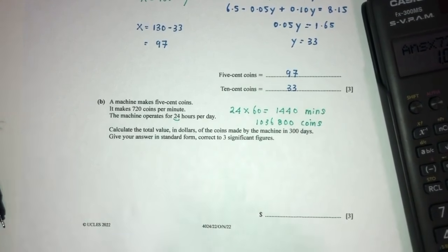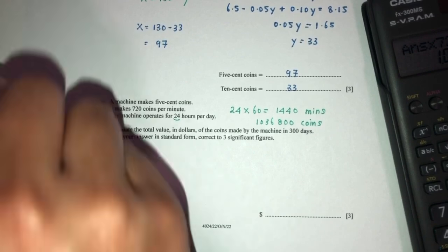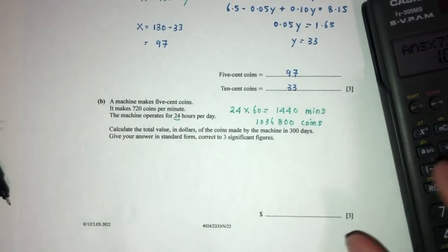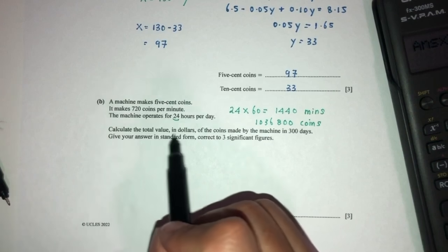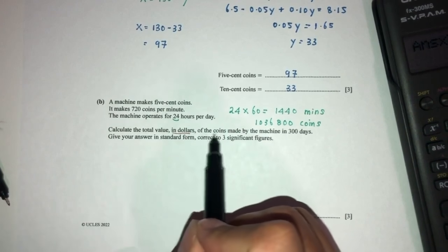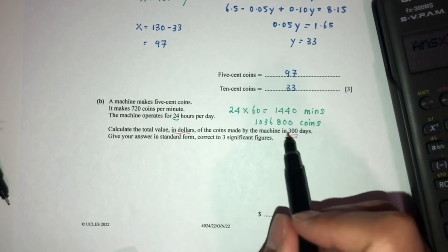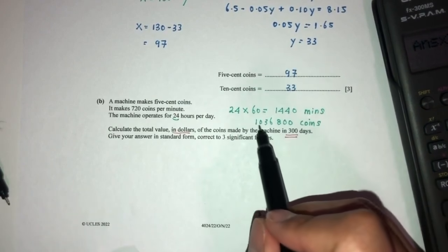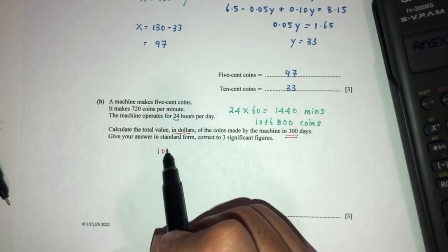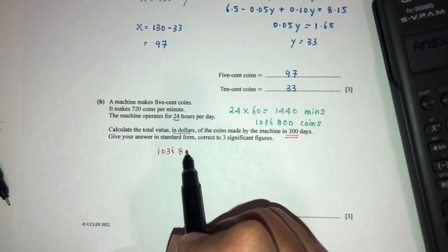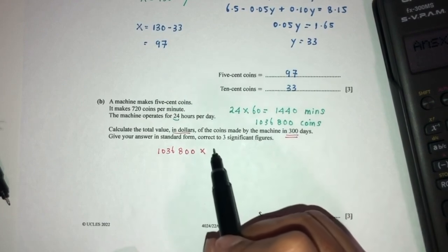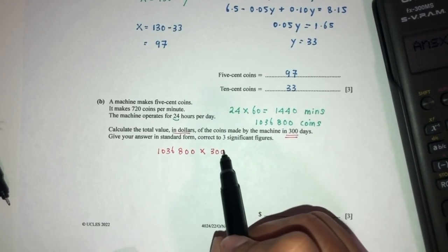As you can see, we have deduced this step by step. Nothing complicated, right? Now, calculate the total value in dollars of the coins made by the machine in 300 days. So, obviously, in 1 day, it made that many coins. Alright, this is 1 day. Now 300 days will be times 300, obviously.